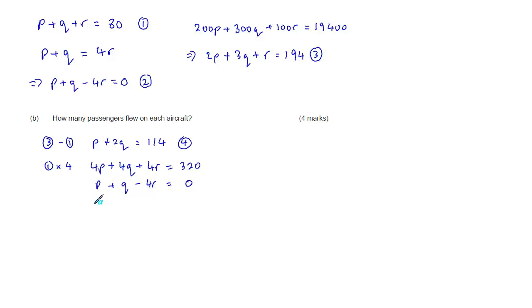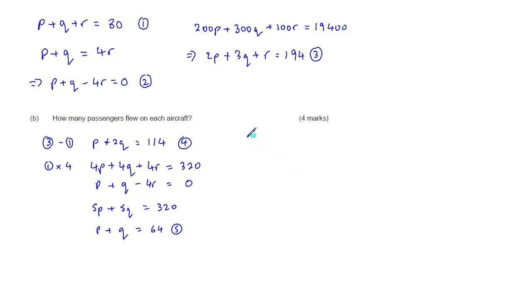Adding these 2 equations gives me 5P plus 5Q is equal to 320. Dividing through by 5 gives me P plus Q is 64, and call that equation 5.